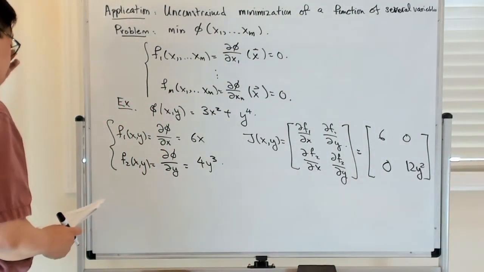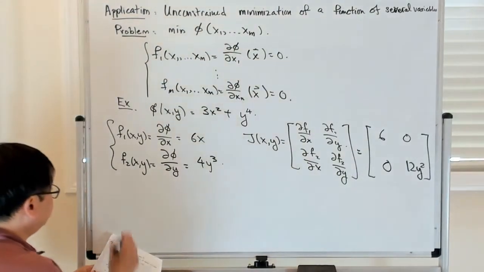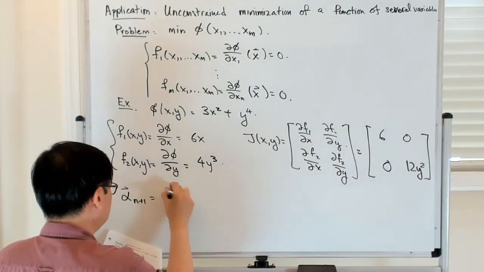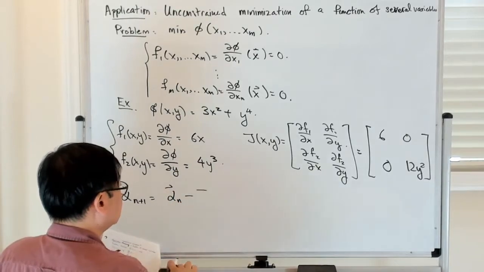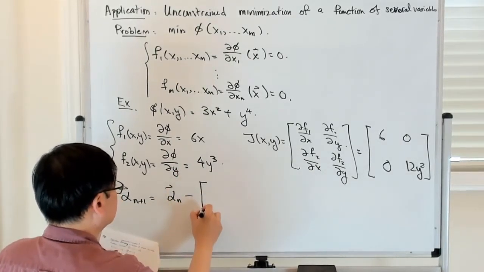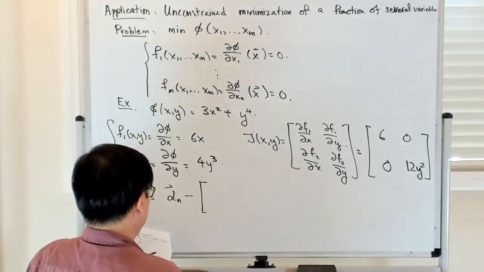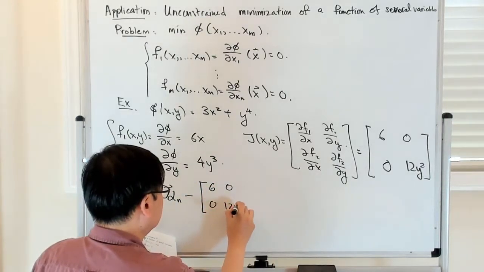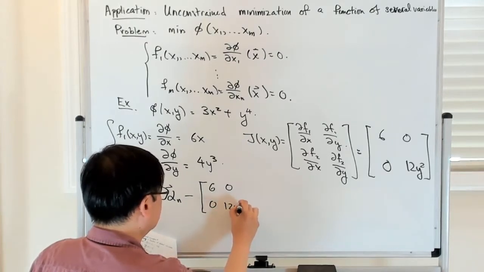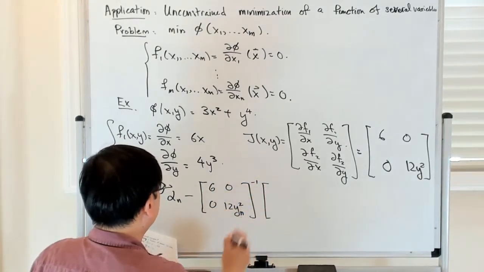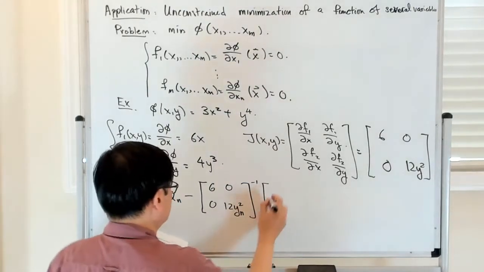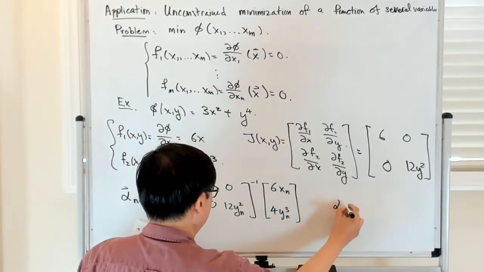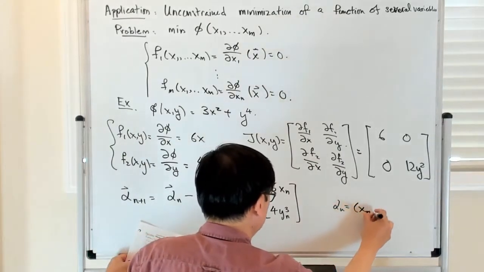All right, so my iterative scheme is saying that alpha n plus 1 is equal to alpha n minus the inverse of the matrix 6, 0, 0, 12 y n squared, applied to f, which is just 6 x n and 4 y n cubed, where alpha n is equal to x n, y n.